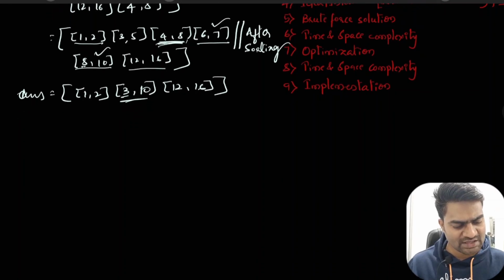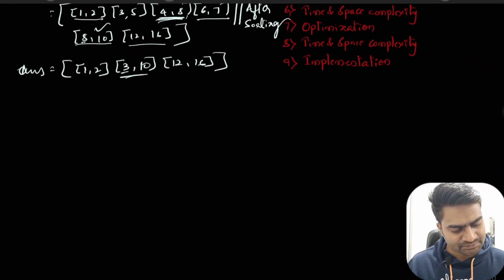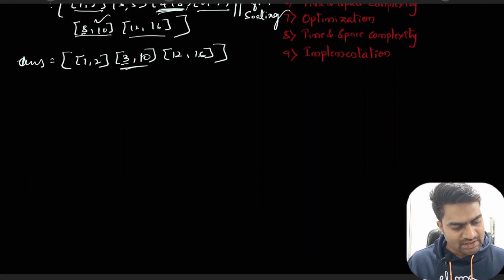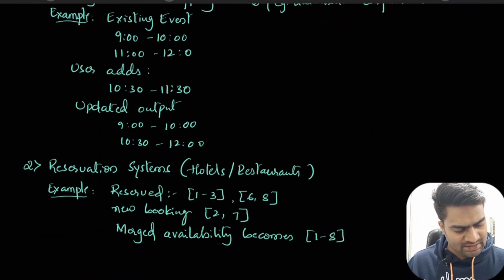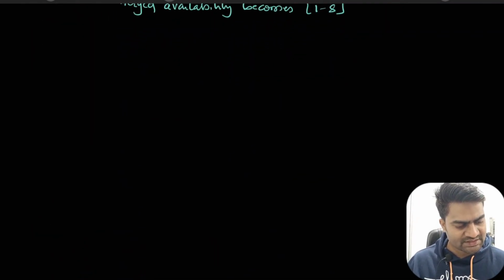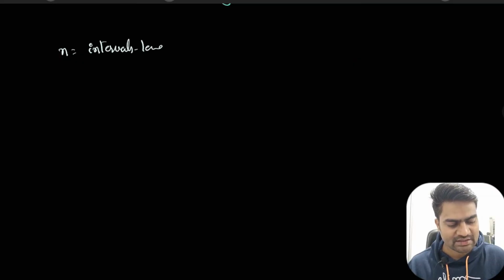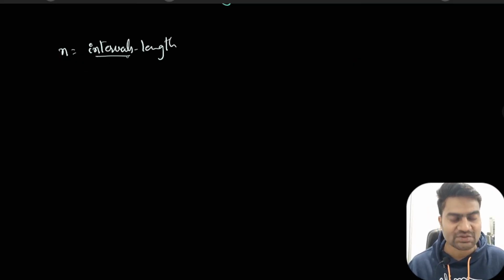So let us look into the pseudo code. I will use this space. Now if you see, I need the length of the array, so I will simply take this as intervals dot length. Okay, then what I do, I will sort first.